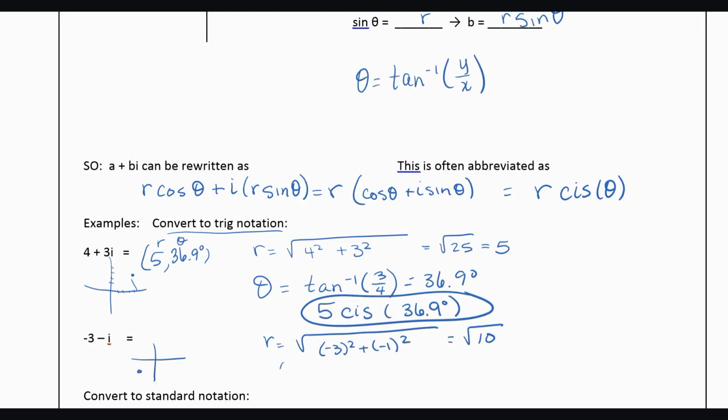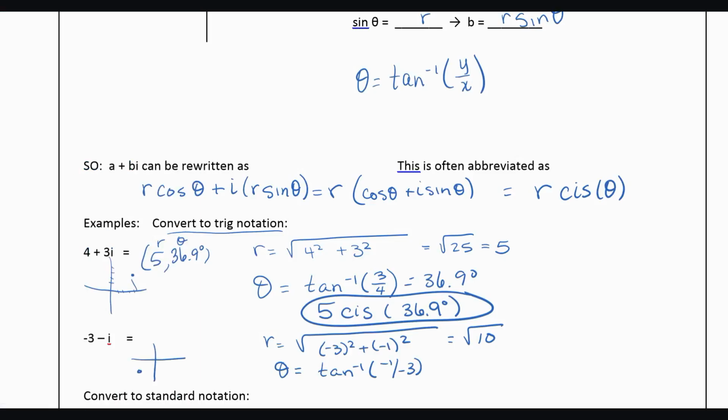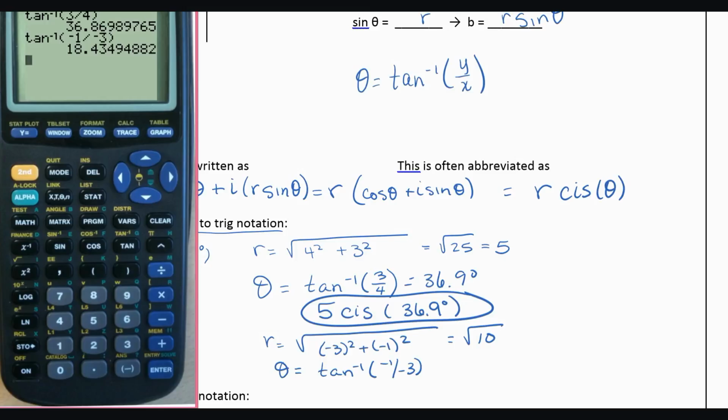Now to find our theta, we'll first do tangent inverse of -1 over -3. And you could reduce that, but you don't have to, it doesn't matter. Now this is going to give us 18 degrees. Now we know 18 degrees would be up here. So let's actually, what was that, 18.4.